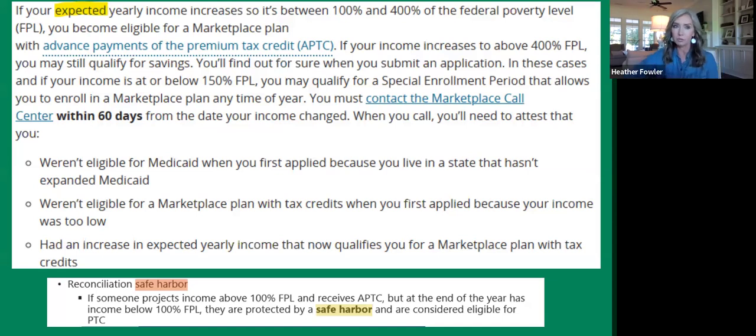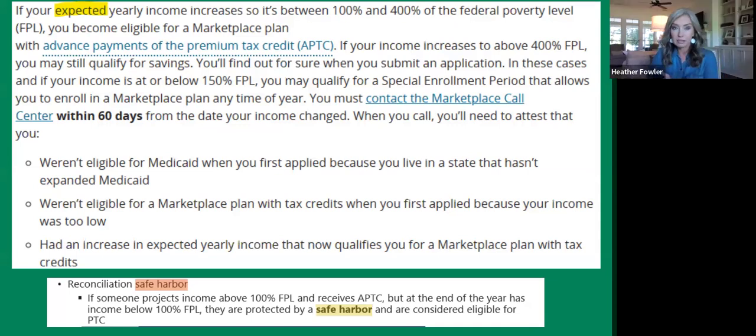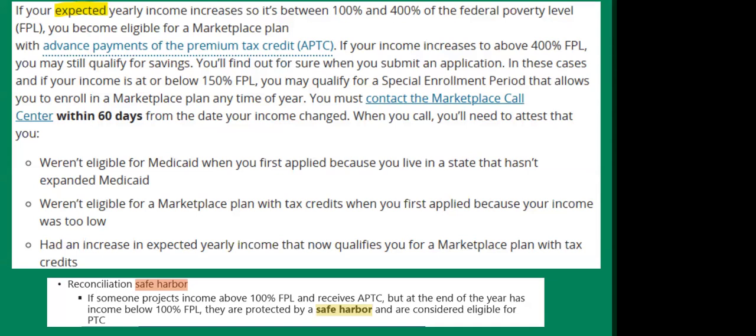So we will just have to stay on top of that situation. But as of today, if someone estimates it high, estimates above that, and then they don't reach up to that 100%, they do not have a penalty. They don't have to pay that back.